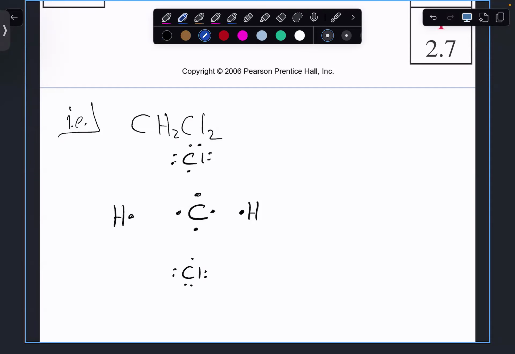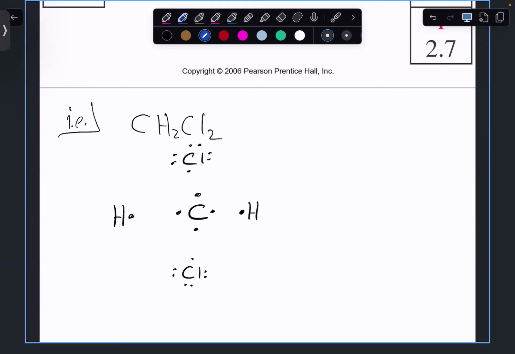And what I'll call your attention to, just remind you of, is atoms are always going to make the same number of bonds as unpaired electrons. Hydrogens each have 1 unpaired electron. Hydrogen always makes 1 bond. Same thing is true with the chlorines. Chlorines both have 1 unpaired electron. Chlorines will always make 1 bond. Carbon has 4 unpaired electrons.